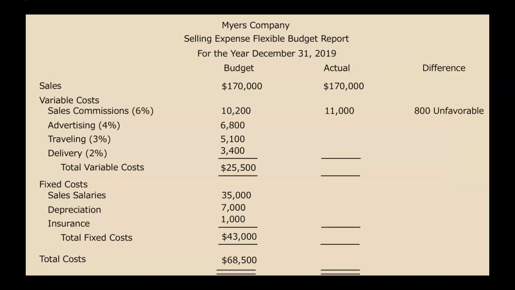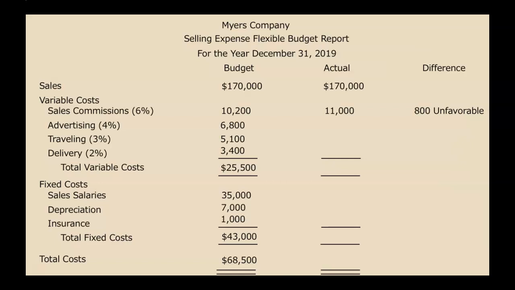That means that we had an $800 unfavorable difference between the two, right? We budgeted our sales commissions to be $10,200. We actually spent $11,000. So there's an $800 difference, right? And why is it unfavorable? Because our costs were higher than what we expected them to be, right?